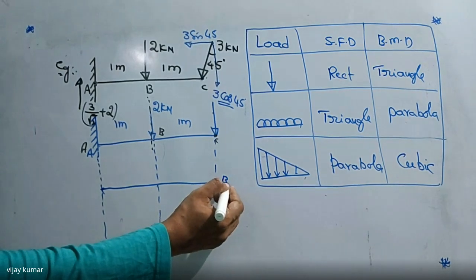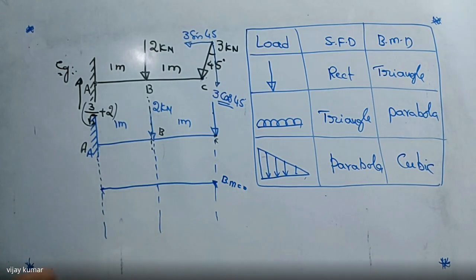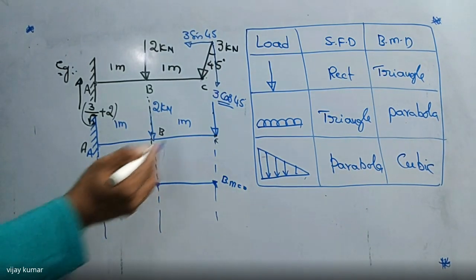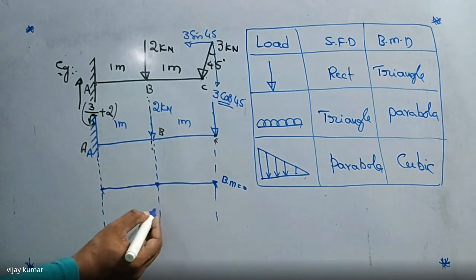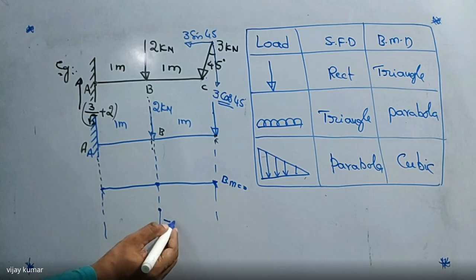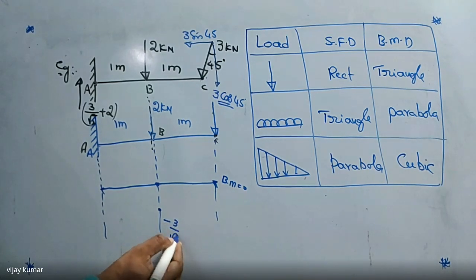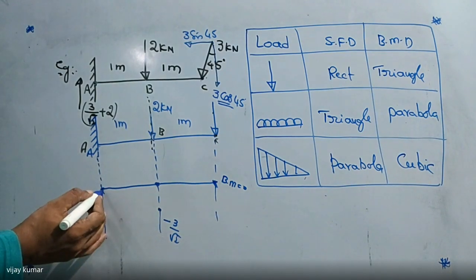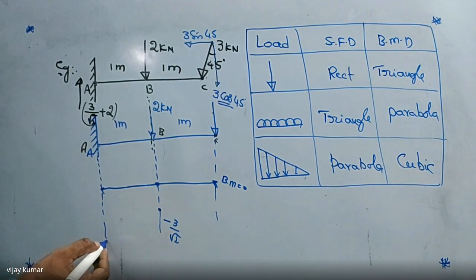Zero. Bending moment is zero here. And what is the bending moment here? 3 by root 2, but which is minus. Here we are getting downward minus. This point is minus 3 by root 2. What is the bending moment at point A? We have minus 3 root 2 minus 2 here.